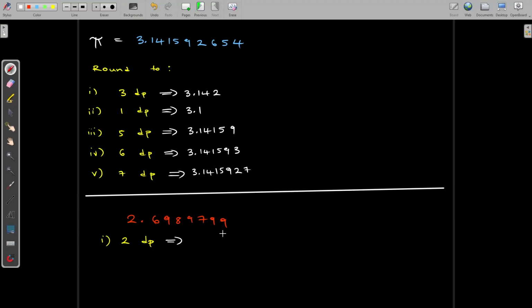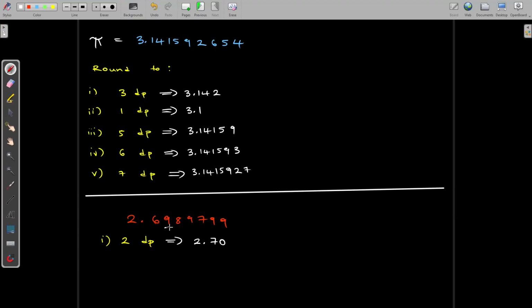Would it be 2.70? 2.70. Now, how does this work? Why does this happen? Because when you round up the 9 by 1, it would give you 10, so you round up the 6 to 7 and add the 0 into 2 decimal places.